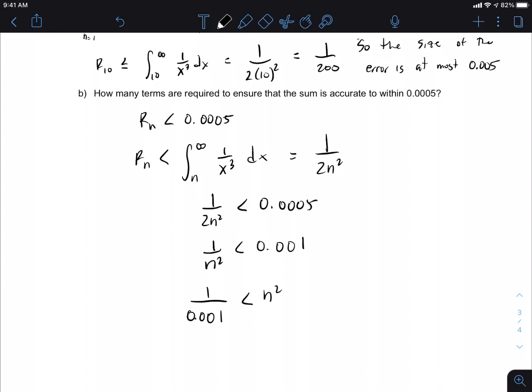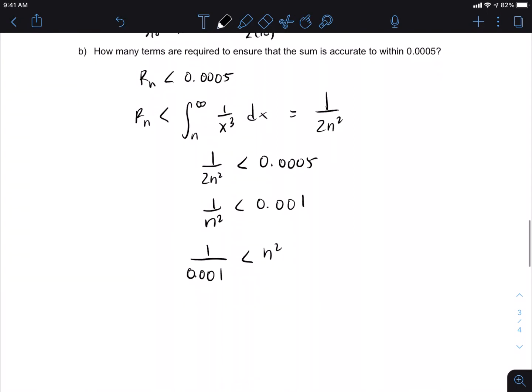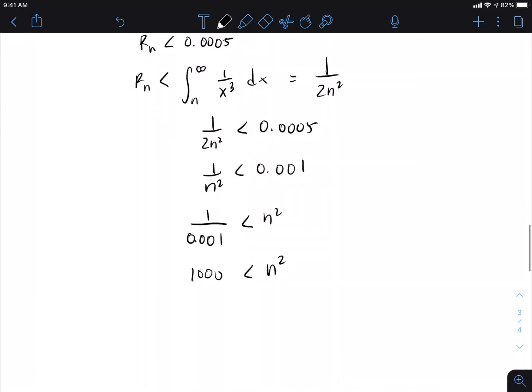Correct? And so then n squared is about 1,000, right? It's going to be greater than 1,000, so n then is going to be greater than the root of 1,000, and the root of 1,000 is 31.6 approximately, right?